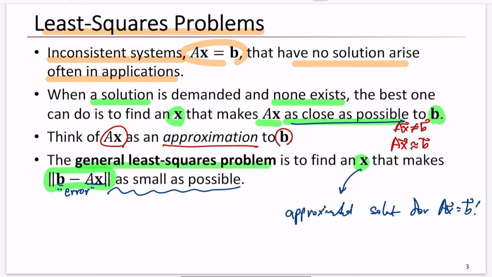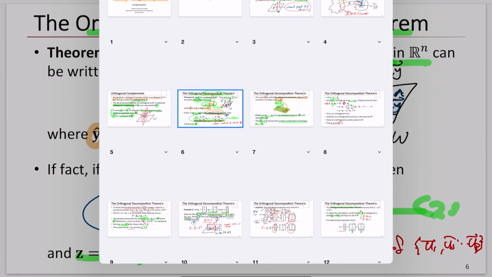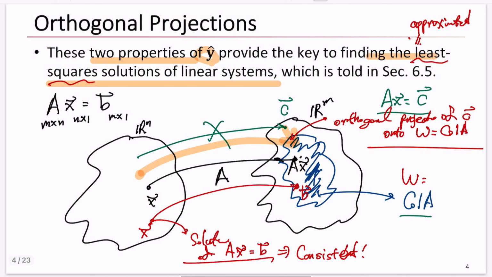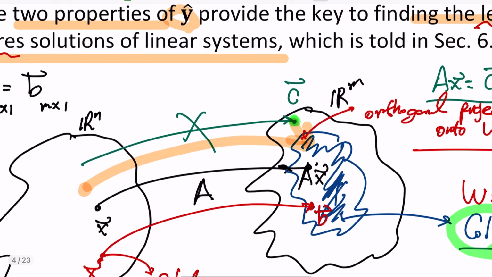To answer this question, please go back to lecture 9, page 4. Even though we are interested in a vector b or c which is outside of the column space, we are interested in an approximate solution.